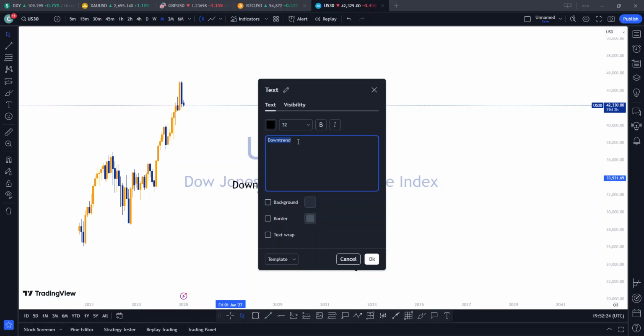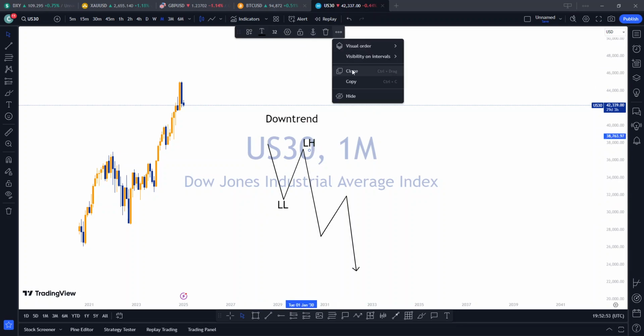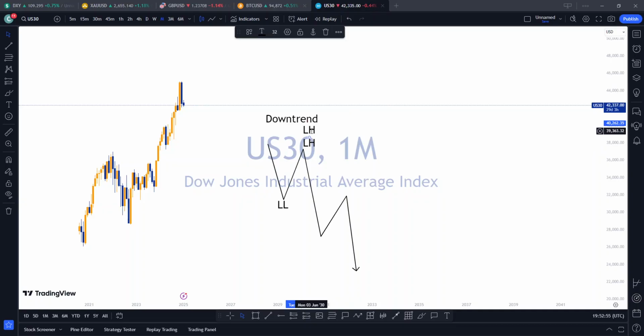For a downtrend, we have the lower high and the lower low. This is the lower high right here, and this is the lower low. This is what comprises a downtrend. For those that don't know yet, we have lower high and lower low right here.